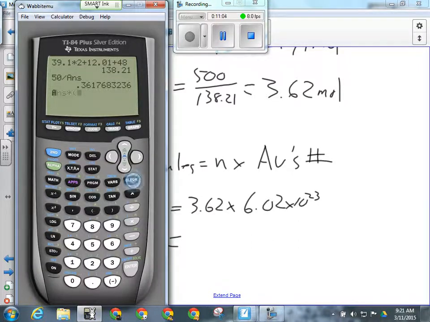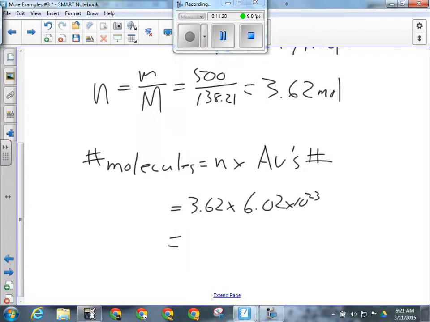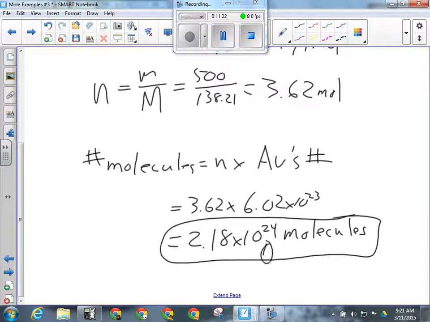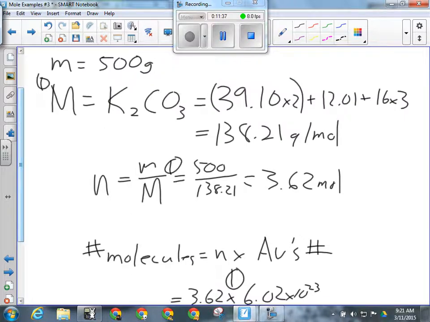So we're looking at 2.18 times 10 to the 24 molecules. Okay, and that's a 4-mark question. One for the answer, one for this math, one for this math, and one for your givens.